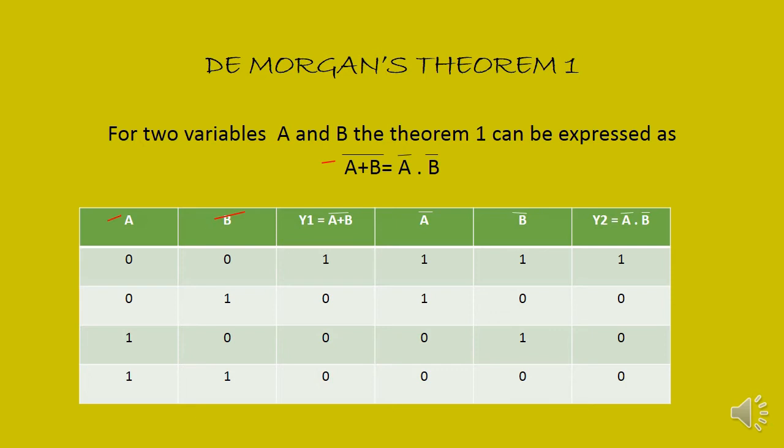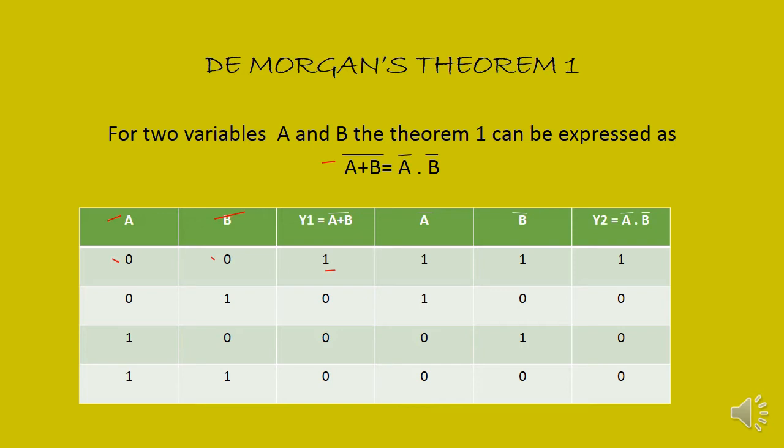We consider A is one input, B is the other input, Y1 is the left hand side output, Y1 equal to (A plus B) bar. A bar is an input of the right hand function, B bar is the other input and Y2 is the right hand side output, that means Y2 equal to A bar dot B bar. First condition, when A is 0, B is 0: 0 or 0 means 0, the complement of 0 is 1, so we get 1 output.